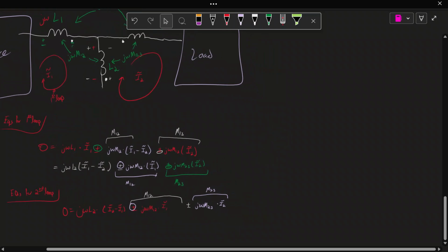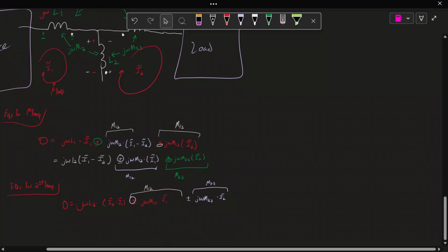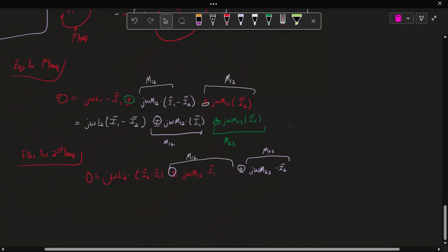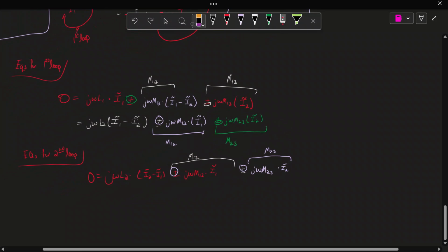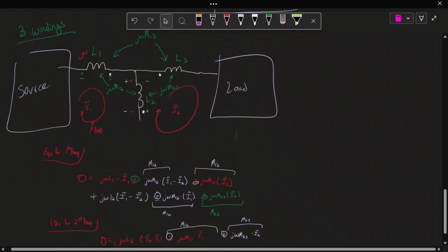Because we've chosen our current to be I2 minus I1, going in the upwards direction, we have it going from the positive terminal to the negative terminal of the dot convention, meaning we have a positive mutual inductance. And this should not be a minus, this should be a plus.